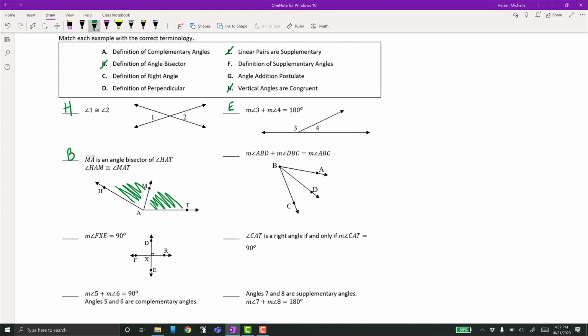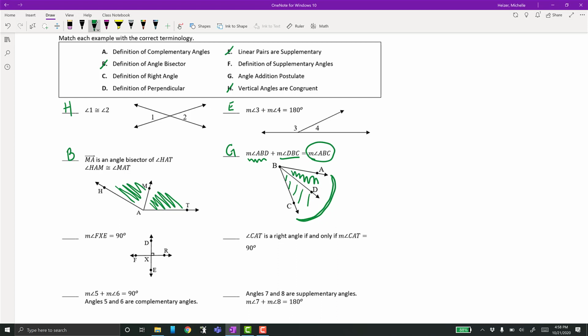Second one down on the right, that's angle addition. So just like when we had segment addition, we can say that one small angle here with another small angle gives me the whole big angle, okay? Small one plus small one gives me the big one.